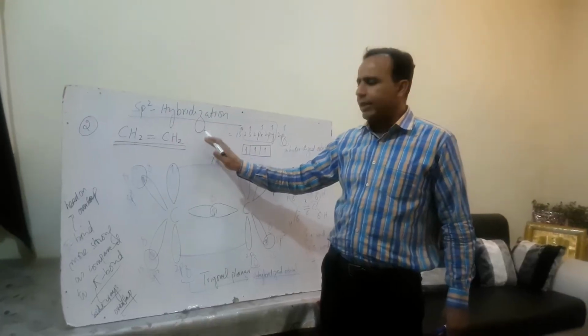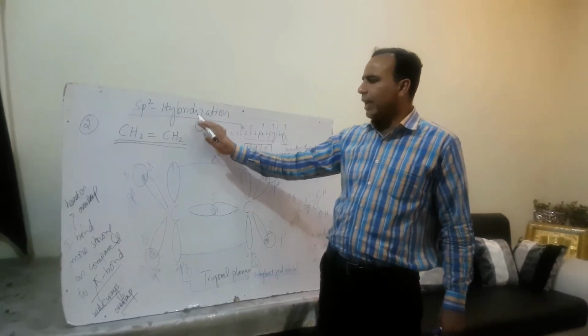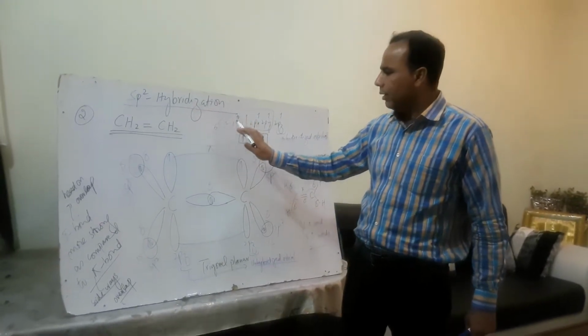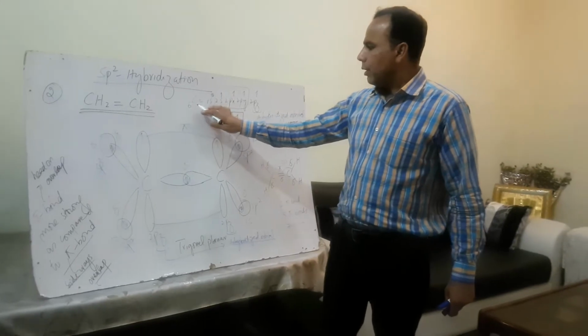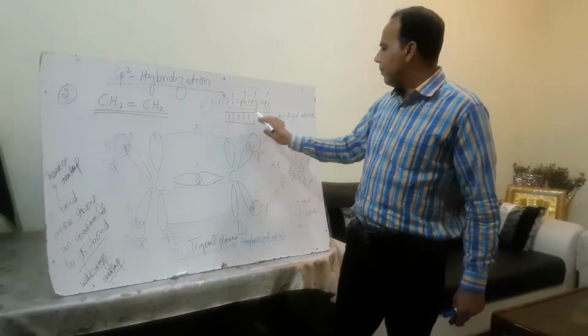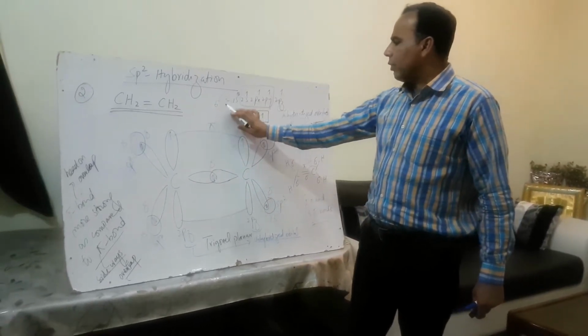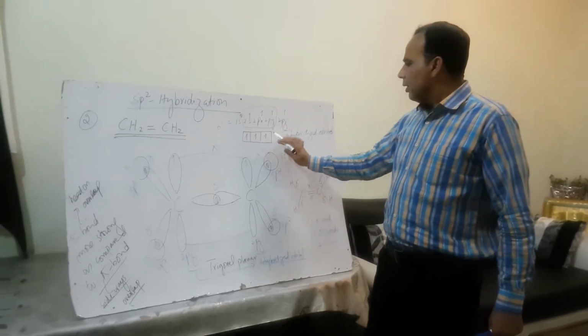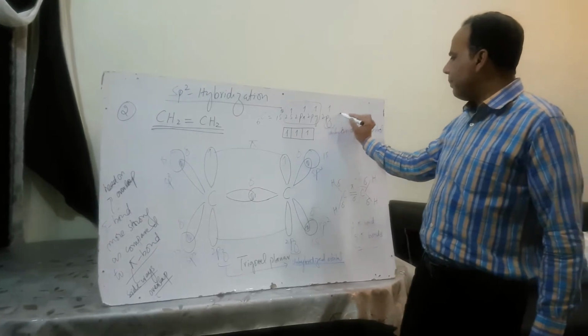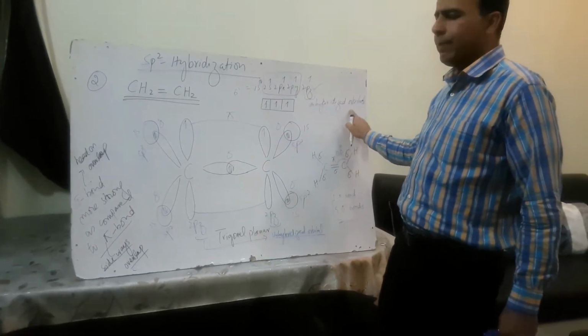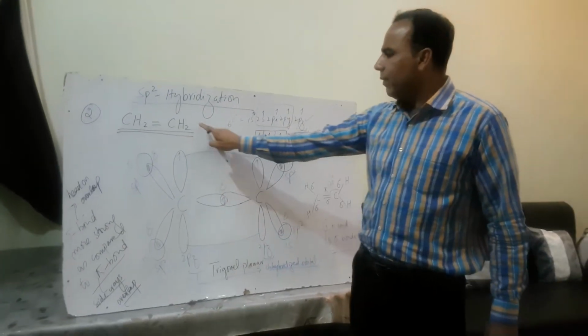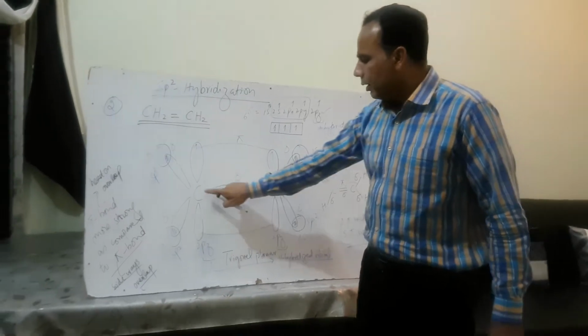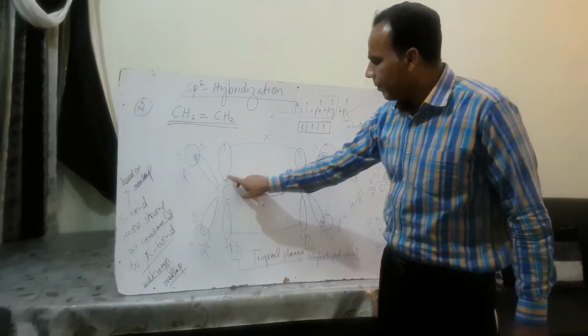This is the second example of sp2 hybridization, ethene. This is the electronic configuration of the carbon atom, and the 2pz orbital will be the unhybridized orbital in the case of ethene. This is the carbon atom.